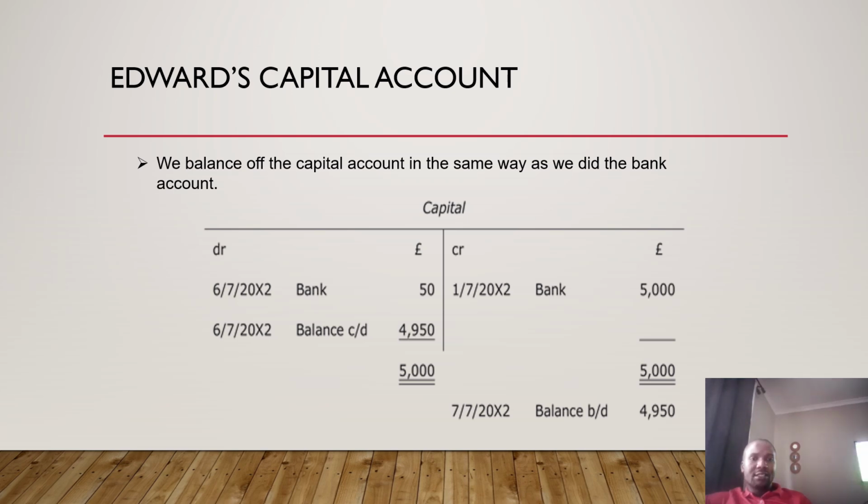So the difference was 4,950, and it is a credit brought down balance because the credit side was larger. So the balance that will be reflected on the trial balance for the capital account will be 4,950.